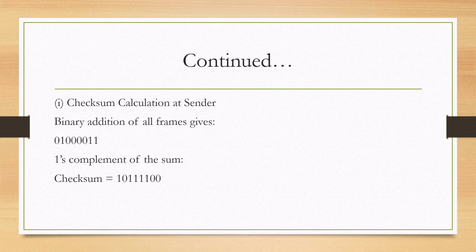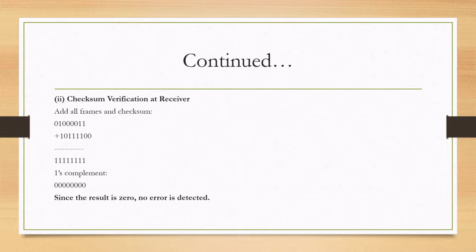For finding the checksum at the sender, add all the given 8-bit frames and you will get a result. After that, convert that result into its ones complement. Then you will get the checksum at the sender. Now the checksum verification at the receiver.